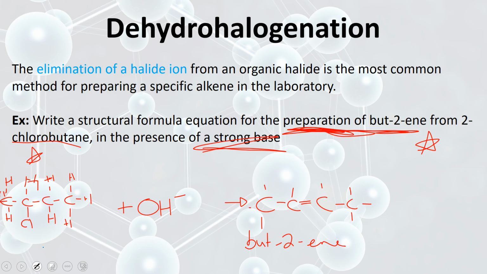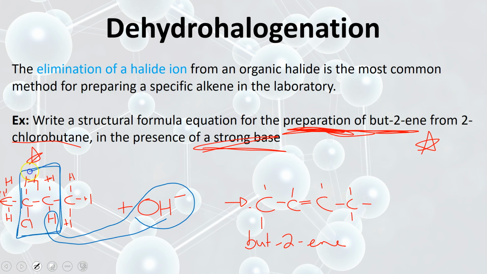So this is actually a type of dehydration reaction, which means that I'm going to form what? Water. And so what's going to happen is this hydroxide ion is going to combine with one of the hydrogens. Why am I choosing this location right here to remove it from?